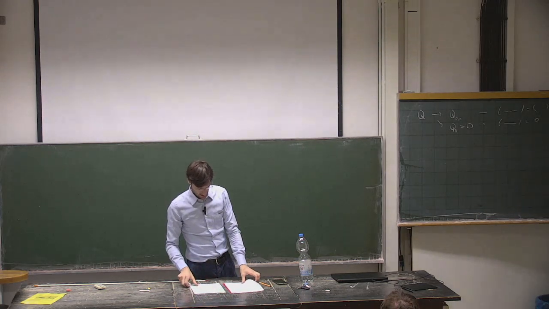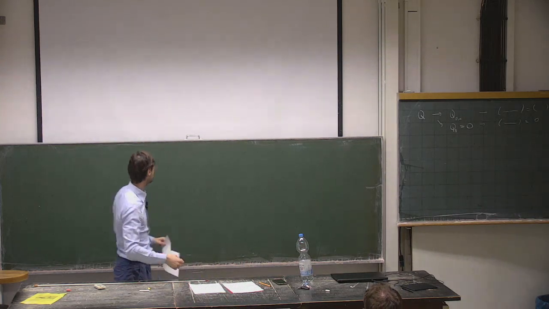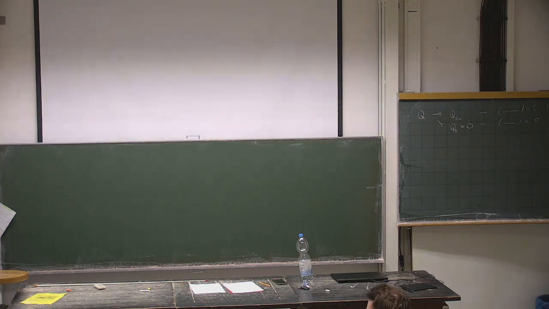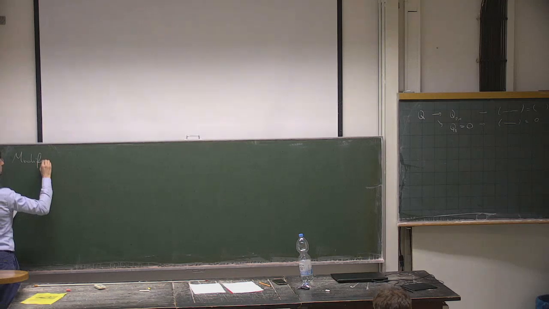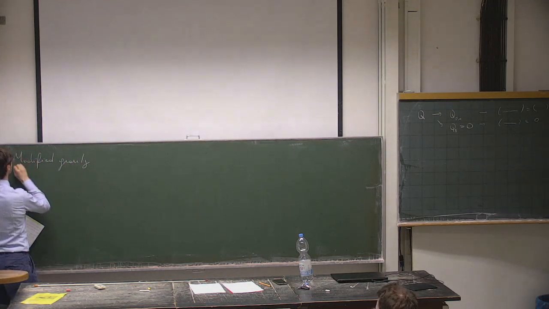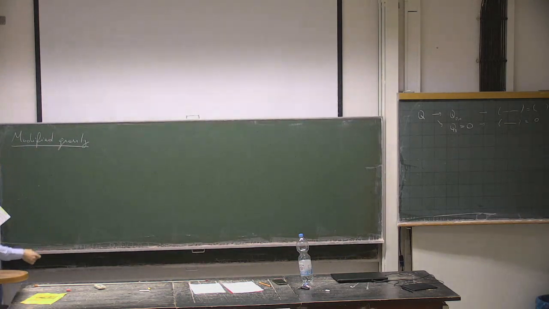Now we make a change of topic, so we're going to move forward, and we enter the realm of modified gravity. The first topic that I'm going to cover with modified gravity is conformal transformation.